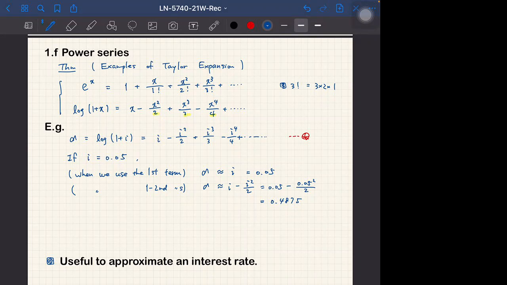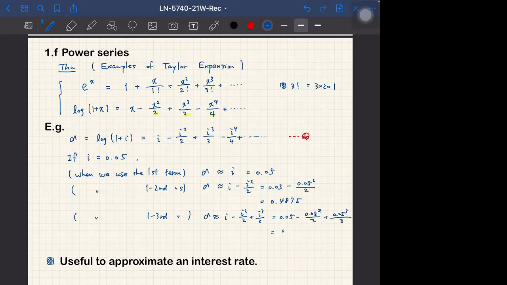0.04875, yes. If we use the first to third terms, then delta is approximately equal to i minus i squared over 2 plus i cubed over 3. The first two terms are the same as last time, but we have another term, 0.05 cubed over 3.